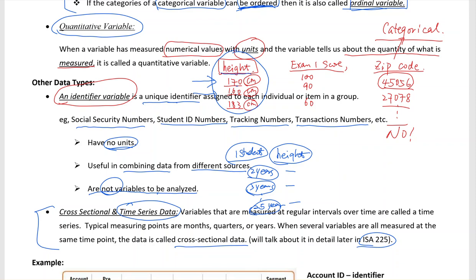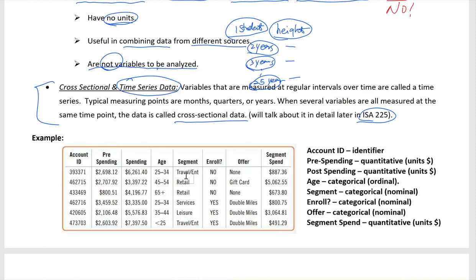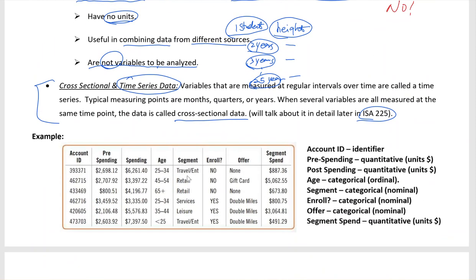All right, so let's look at an example. This is a data table. First we need to read the table, right? So first, what are these rows?